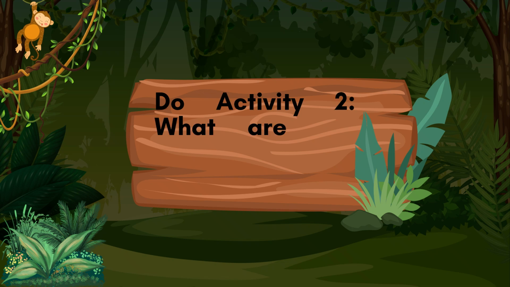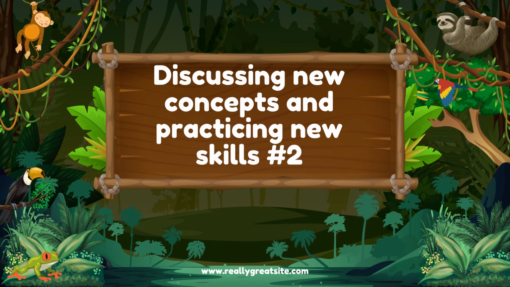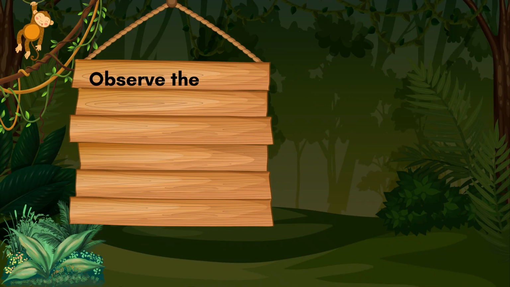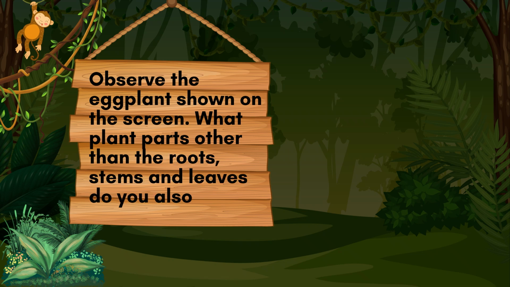Do activity 2. What are the parts of a plant? Part 2. Observe the eggplant shown on the screen. What plant parts other than the roots, stem, and leaves do you also see?